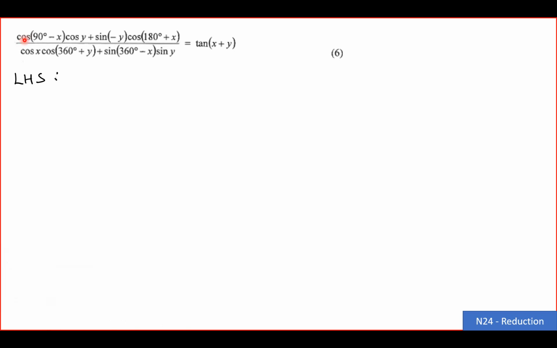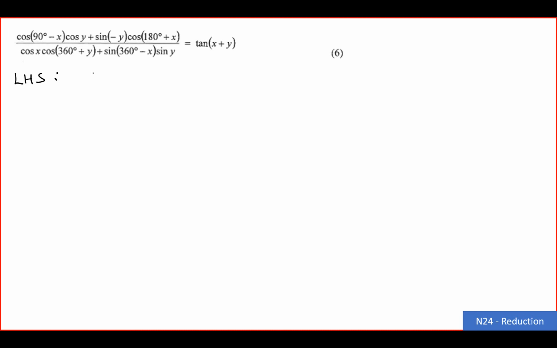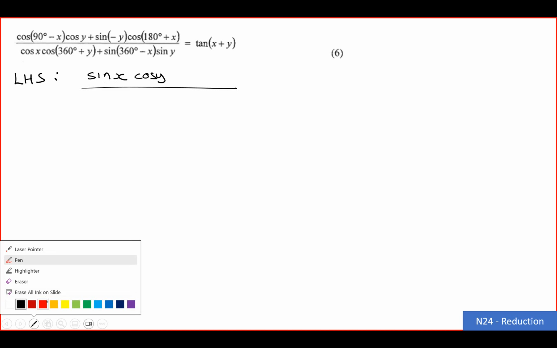The first one we have is cos of 90 minus x. Now that's a co-ratio, and that's in the first quadrant, so that will change to sine x. I'm going to put my fraction line there. The next to it we have a cos y. We're going to bring that down. Now then we have sine of minus y.